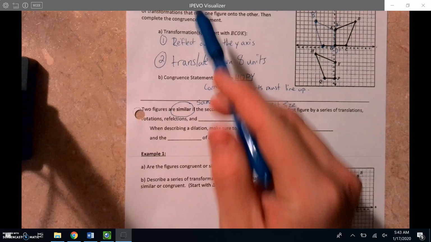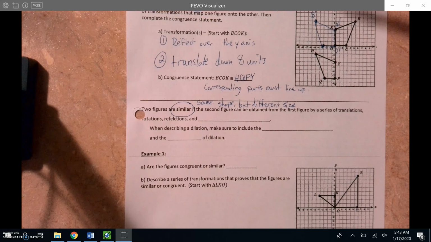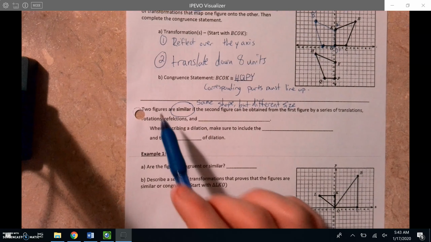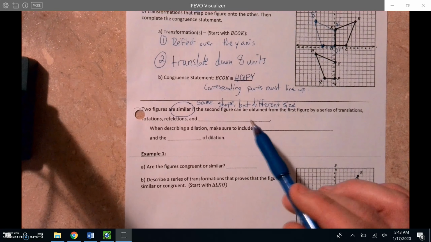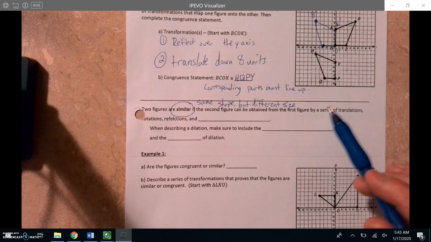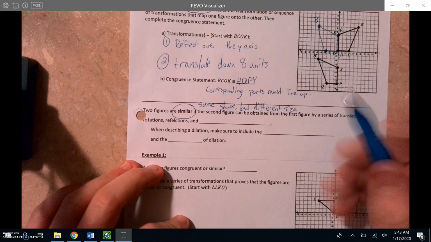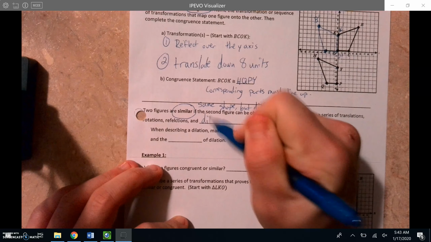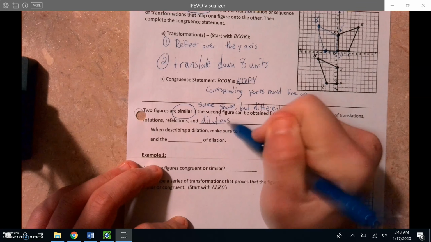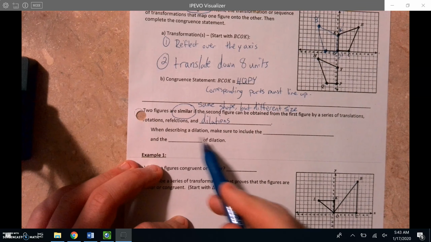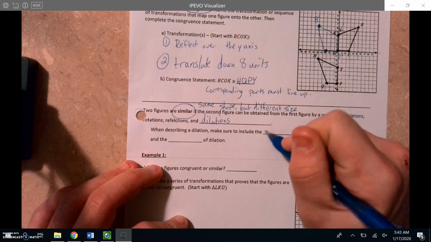Like with our congruent shapes, two figures are similar if the second figure can be obtained from the first figure by a series of translations, rotations, reflections, and the new one, the only transformation that we had that changed the size, dilations. When we are describing a dilation, we need to make sure to include the scale factor.